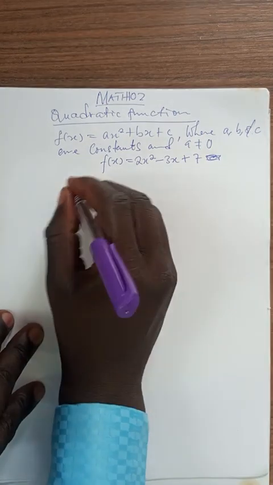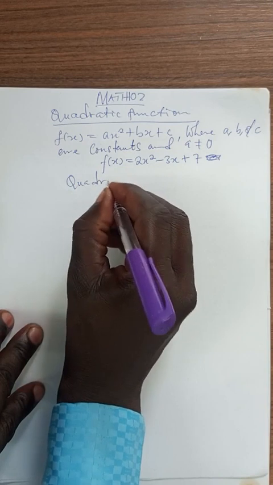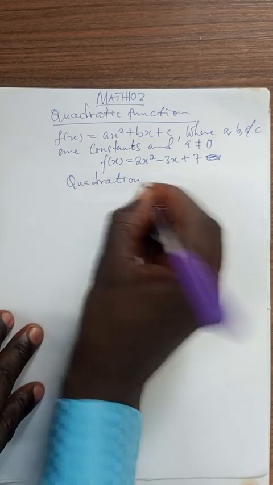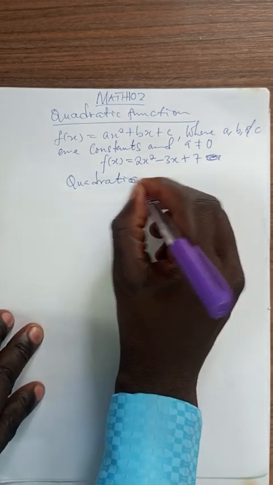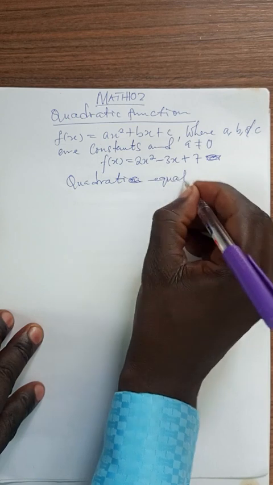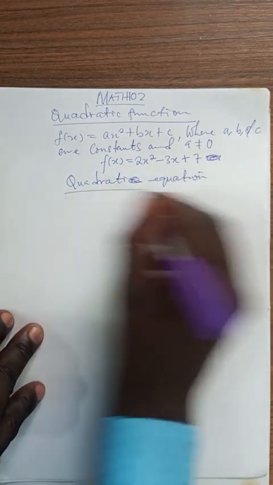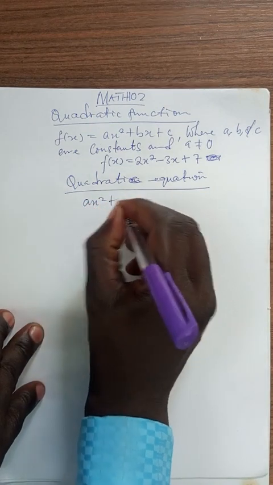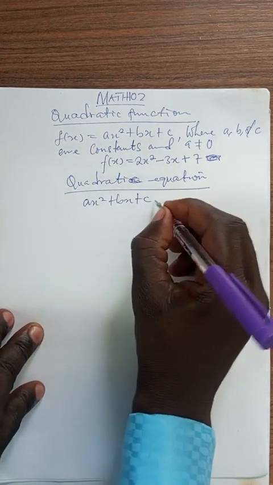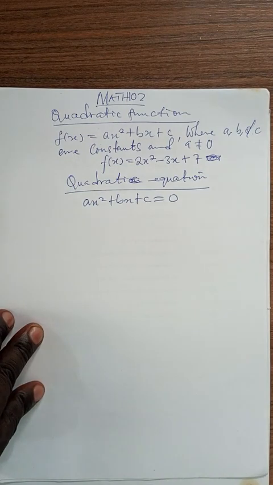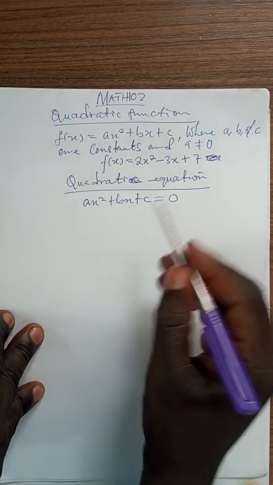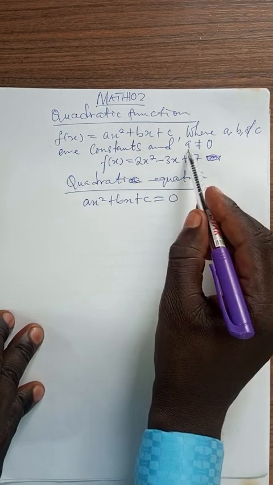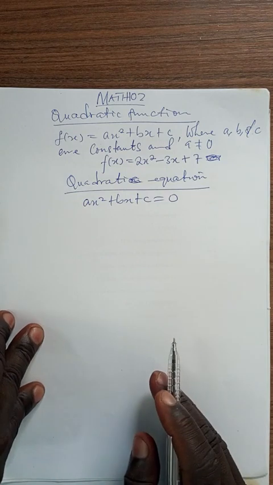Now we have quadratic equation. A quadratic equation is an equation of the form ax squared plus bx plus c is equal to 0, where a, b, and c are constants as well, and a is not equal to 0.